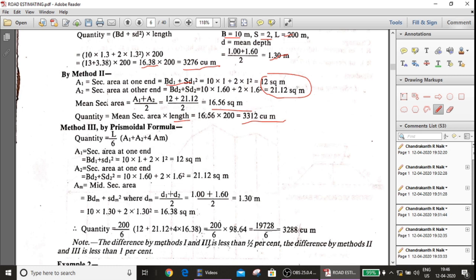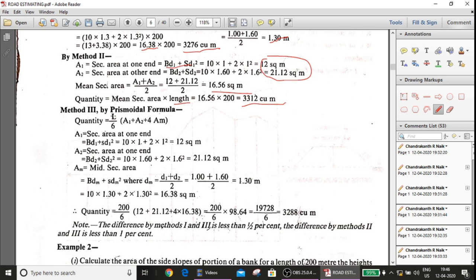Okay, now we will come to method 3, the prismoidal formula. Quantity is equal to L by 6 into (A1 plus A2 plus 4AM), where A1 is 12 square meters. By method 2 you can directly take the values of A1 and A2, 21.12. Now for AM we have to calculate DM. DM is 1.30.